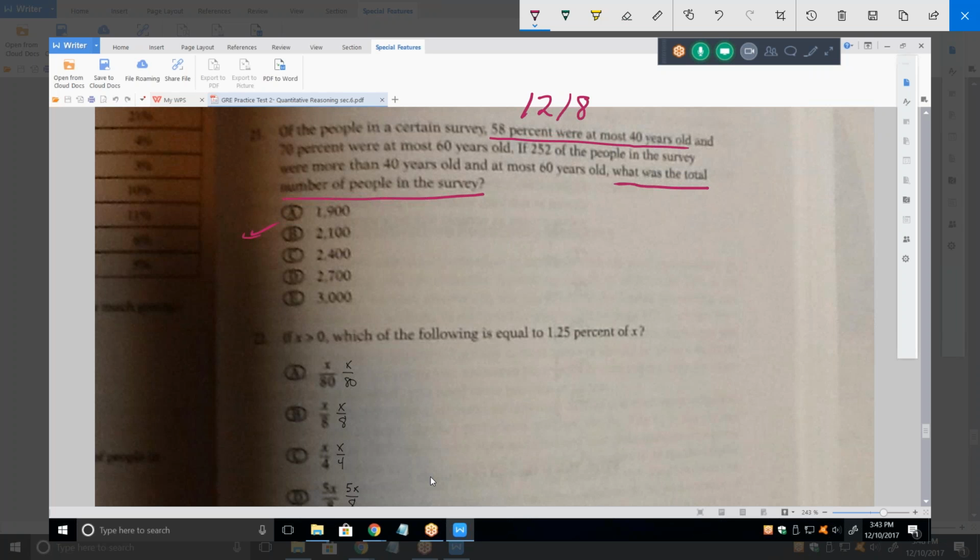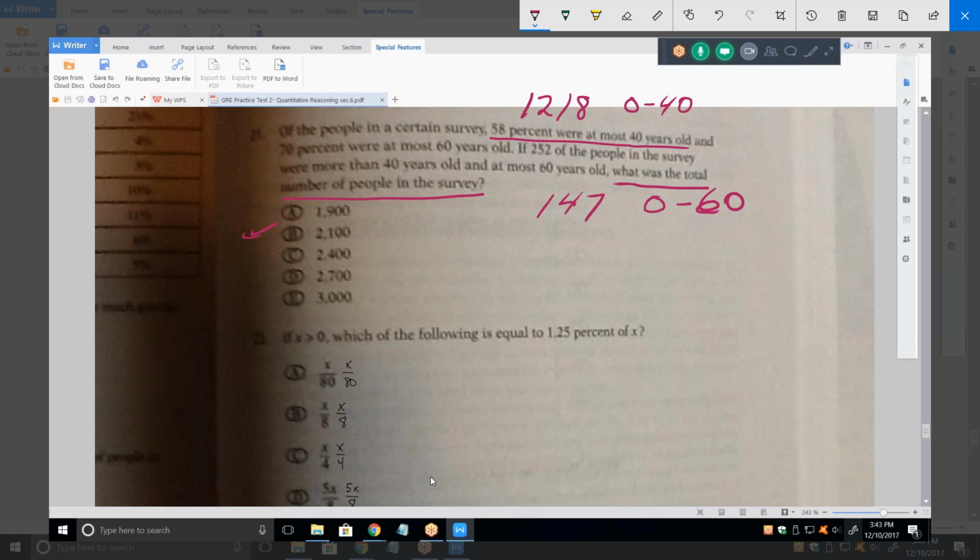So 1,218 are aged 0 to 40, correct? Yes. Okay. 70% were aged 0 to 60. So what is that? 1,470. So 1,470 were aged 0 to 60.